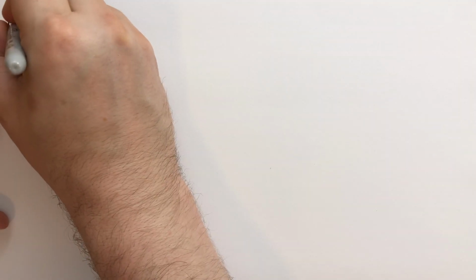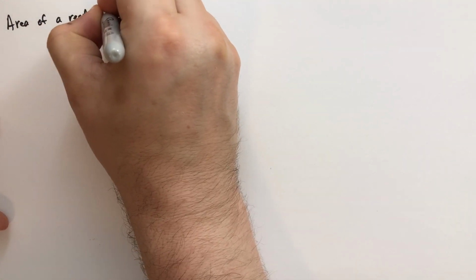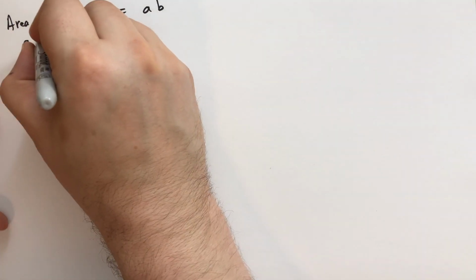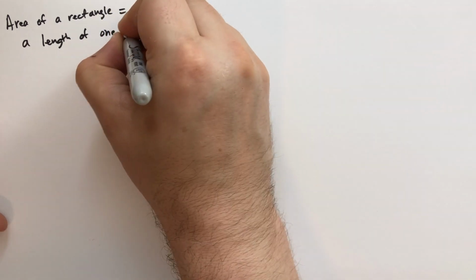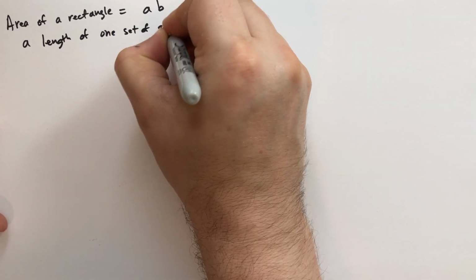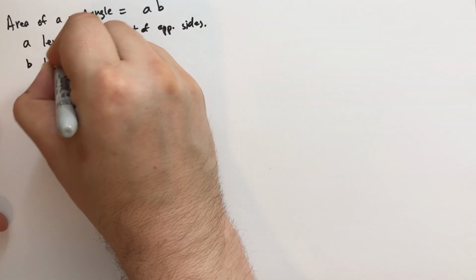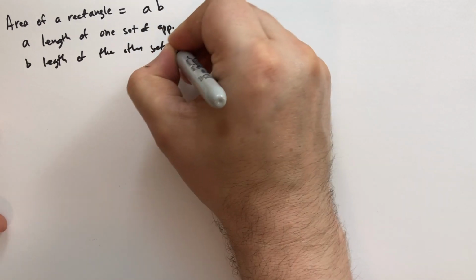We can define the area of a rectangle. The area of a rectangle is equal to AB, where A is the length of one set of opposite sides, and B is the length of the other set of opposite sides.